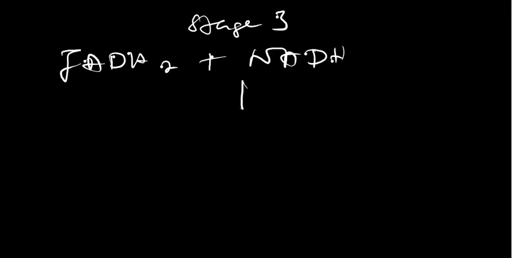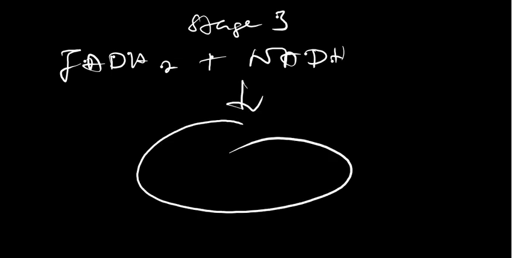However, in stage 3, the FADH2 and NADH are transported into the electron transport chain in order to produce ATP. It's a series of steps. They pass through the electron transport chain in the mitochondrial matrix, and this is what produces ATP. So this is the flow of steps that goes on.